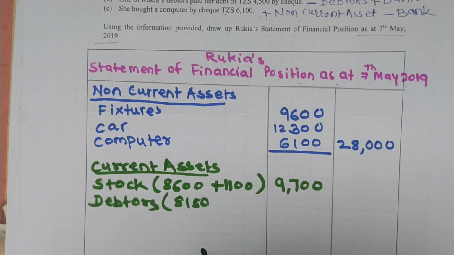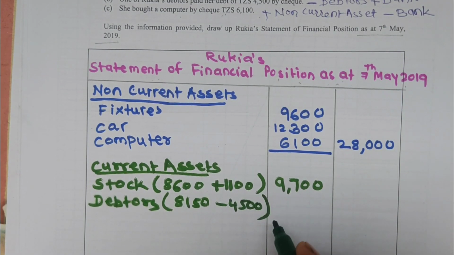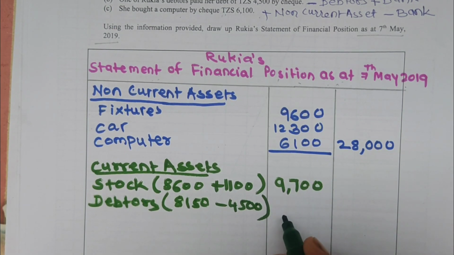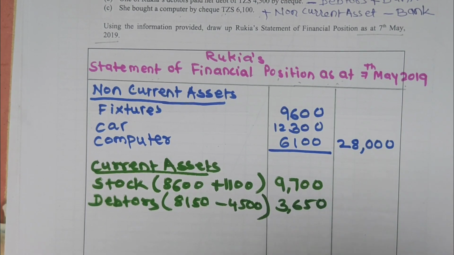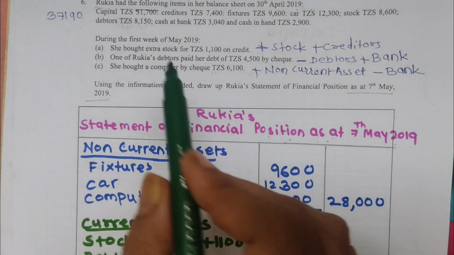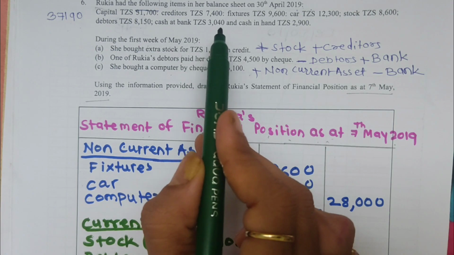So as one of the debtors paid some amount, we have to deduct this 4500 from this. So now the value of debtors as on 7th May is 3650.